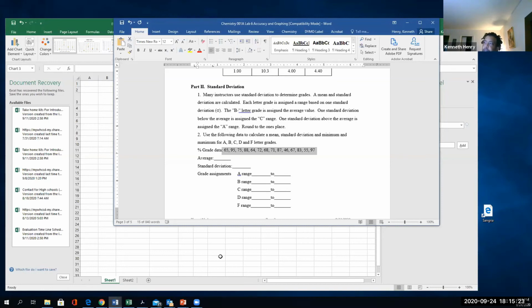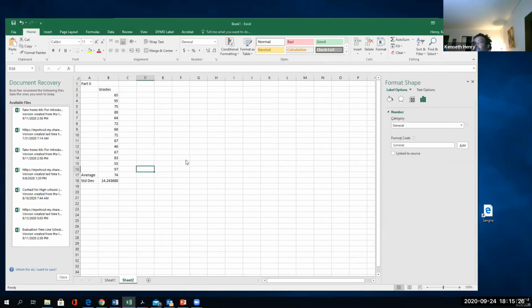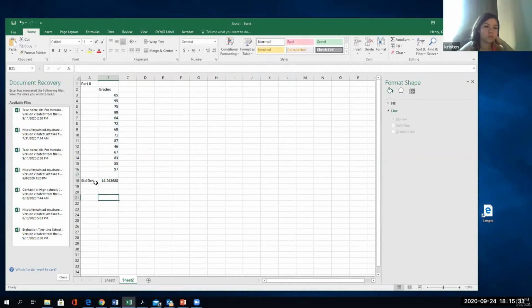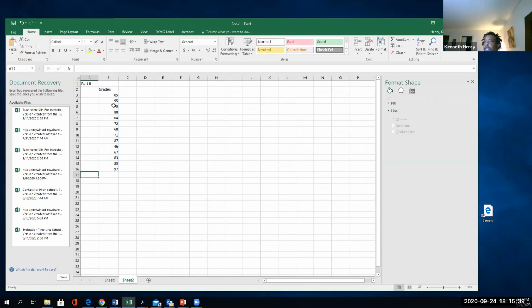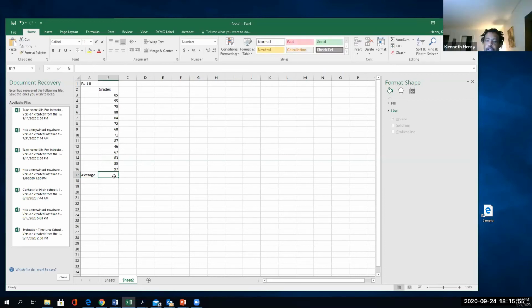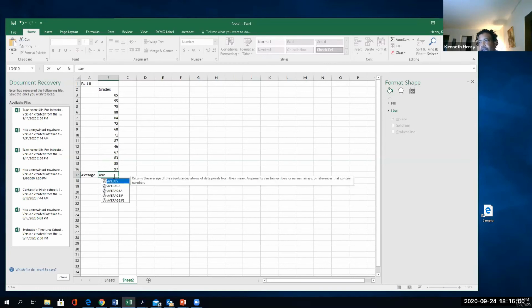Okay, so let me show you a couple of other functions in Excel. So here we have our grades. These are all of the grades that I've gotten in this class. You know, I'm not the best student. So if I want to calculate my average, what I'm going to do is hit equal, and then type in average.